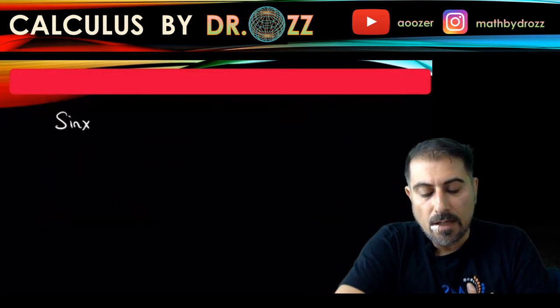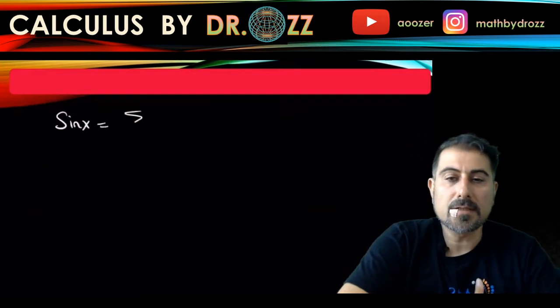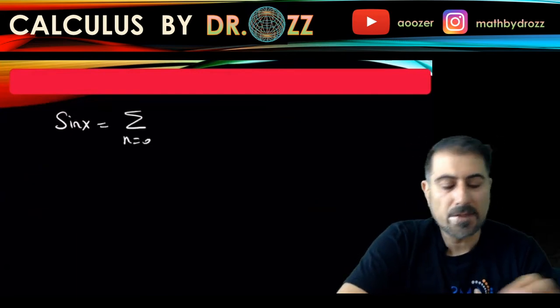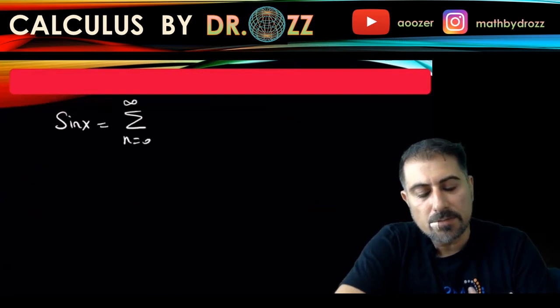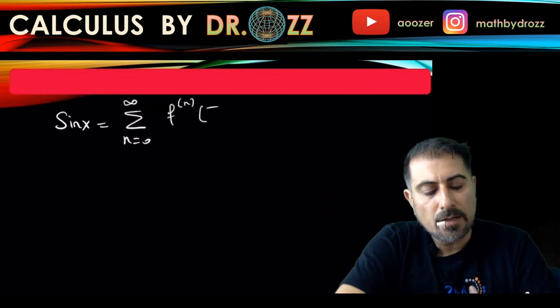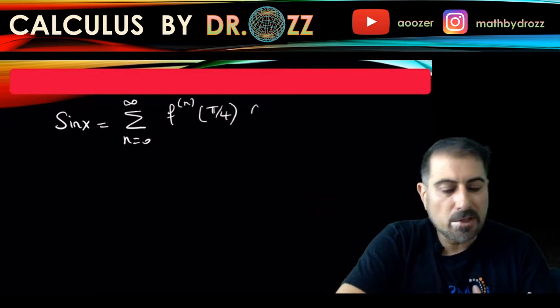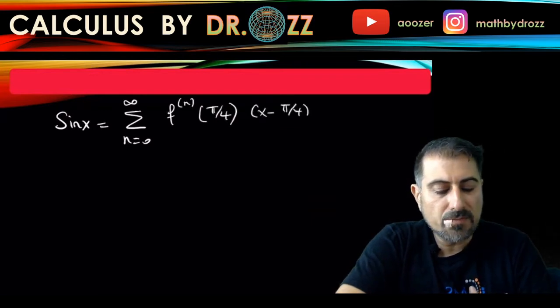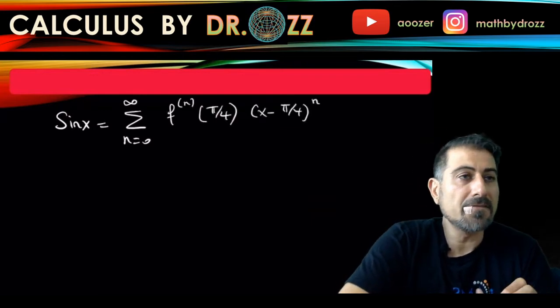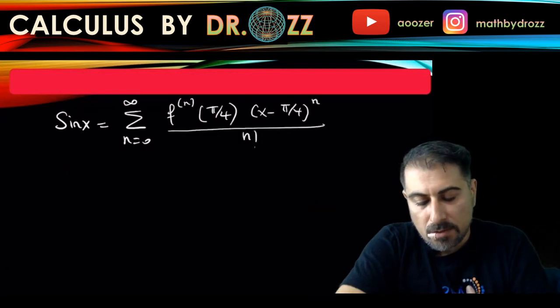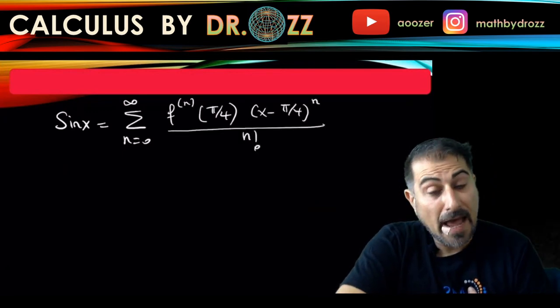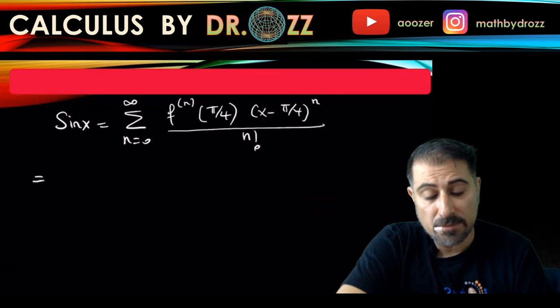Let's just represent it with the infinite sum: the nth derivative at pi over 4, times x minus pi over 4 to the power of n, all divided by n factorial. Okay, so let's just write that down explicitly now, starting from n equals 0.